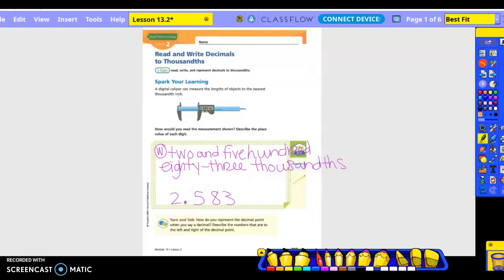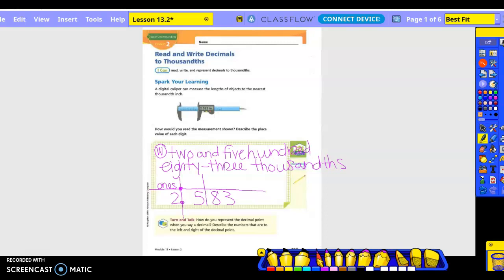So the 2 is in what? The ones. The 5 is in what place value? Tenths. And then here's kind of our decimal right here. Let's kind of do it like that.